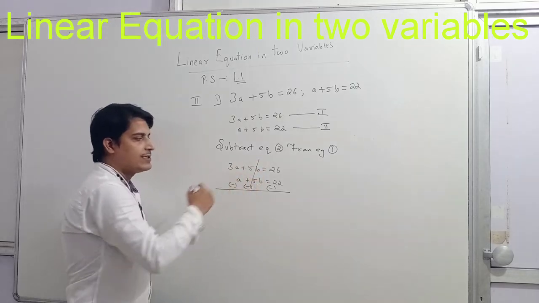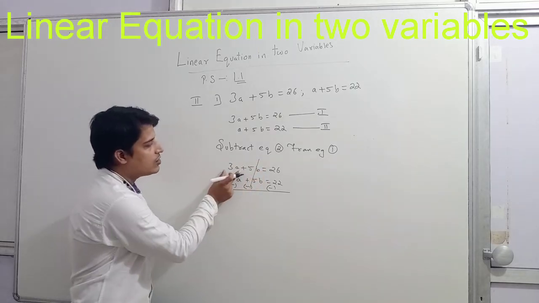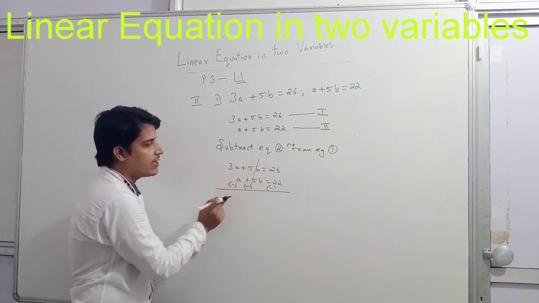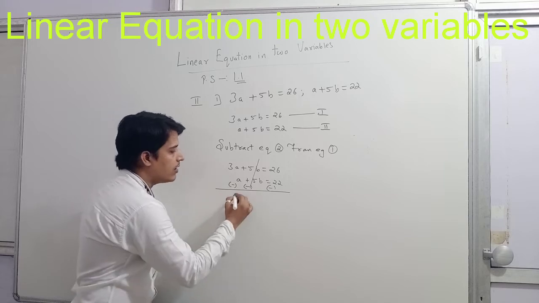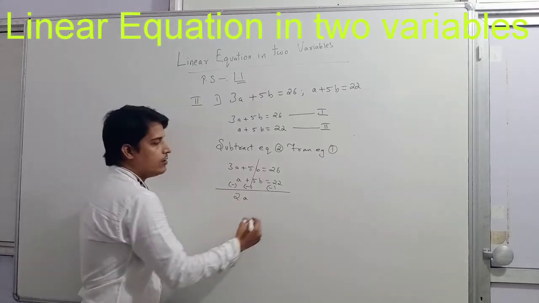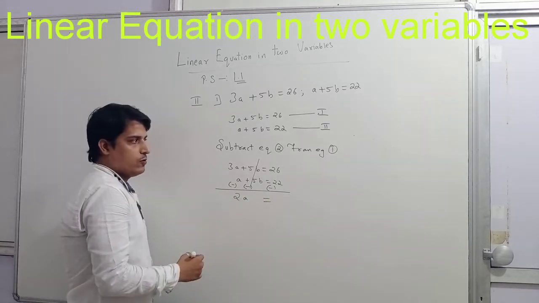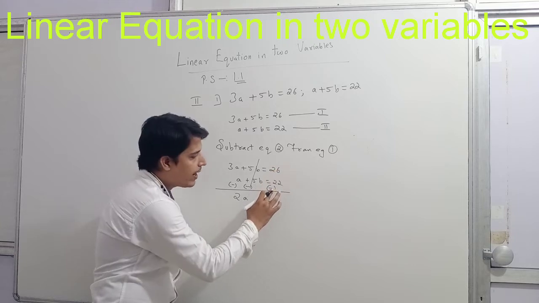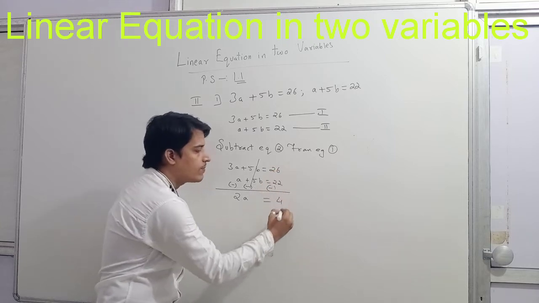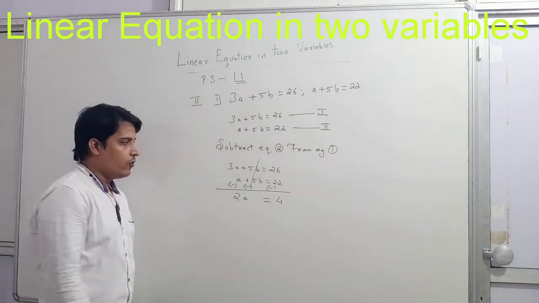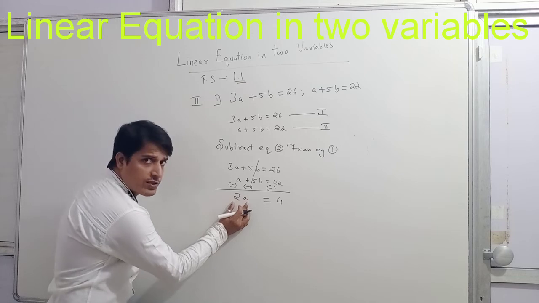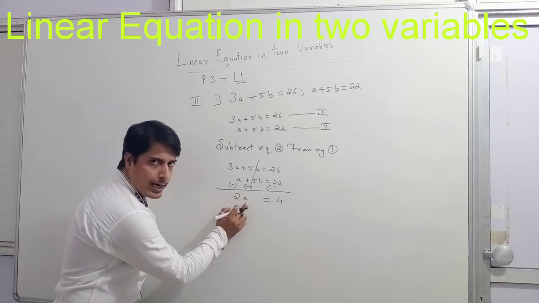So 5b with positive, 5b with negative, plus minus gets cancelled. Over here we have 3a positive and 1a as negative. 3a minus a gives you 2a, with the equal to sign over here. 26 minus 22 gives you 4. Now 2 is along with a, that means 2 multiplied by a.